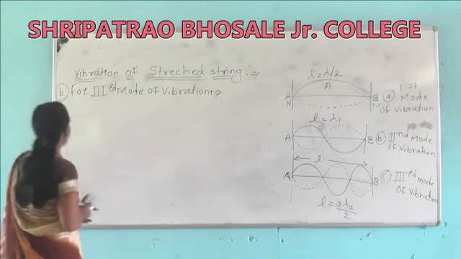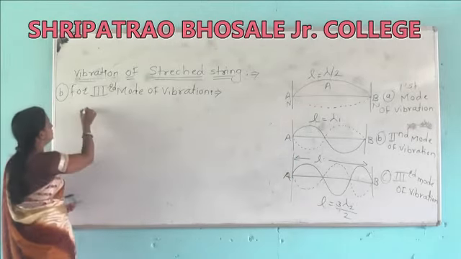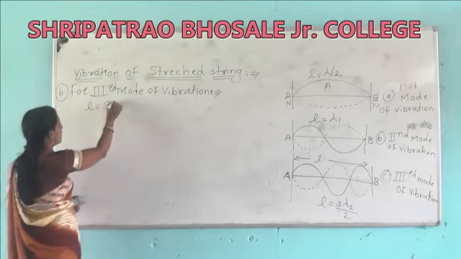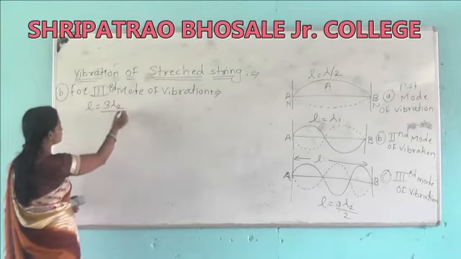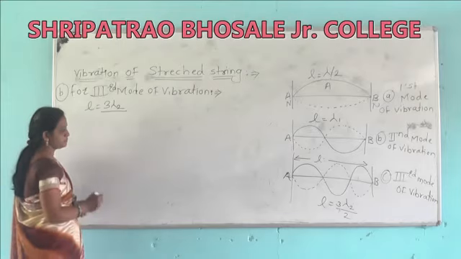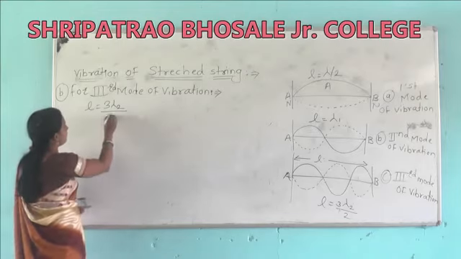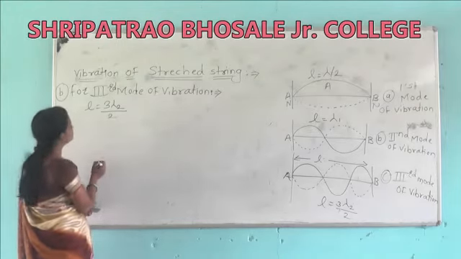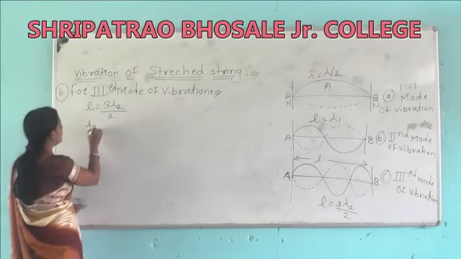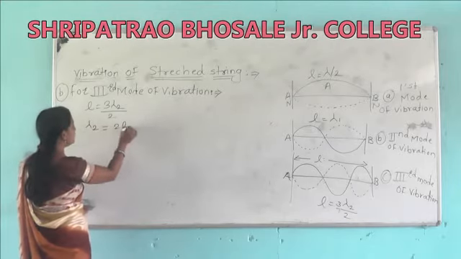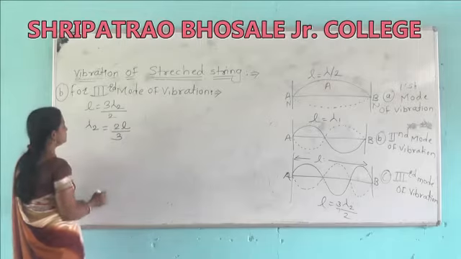Therefore L is equal to 3 lambda by 2, so lambda 2 is equal to 2L by 3.